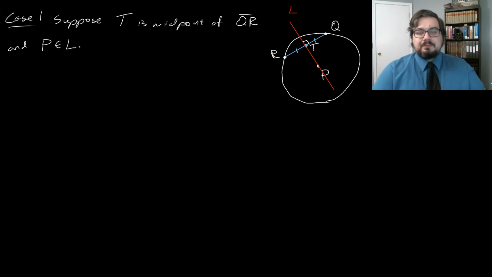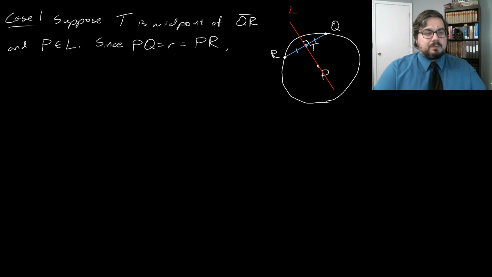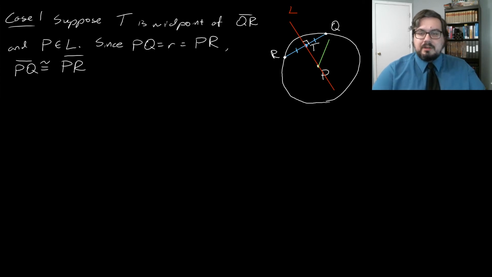So now, since PQ has length little r, which is the same as the length P capital R, we have that the segment PQ is congruent to the segment PR. So we're drawing in a couple of new segments here, which we see are congruent.